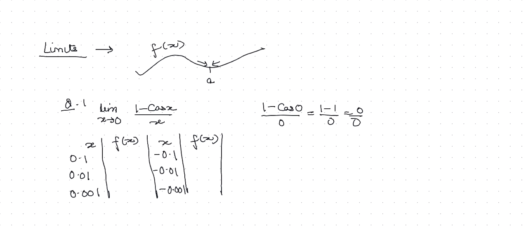If I put 0.1, I would get 0.499, and here I would get 0.0049.